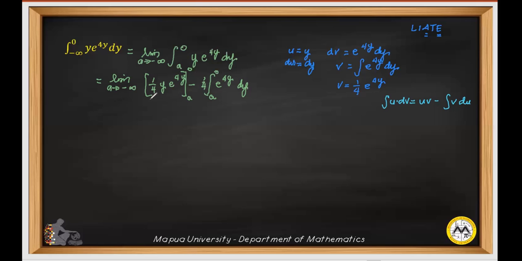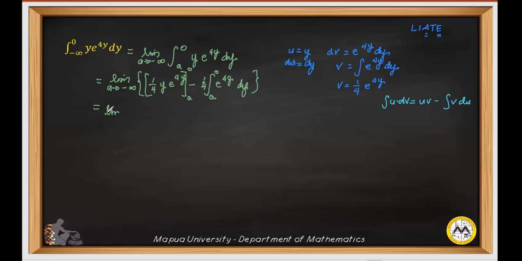Before evaluating the limit as a decreases without bound, let us first evaluate the integral of v du, which is the integral of e raised to 4y dy, to be evaluated from a to 0. Of course, if we evaluate this, there is a correction factor 1 over 4 again.